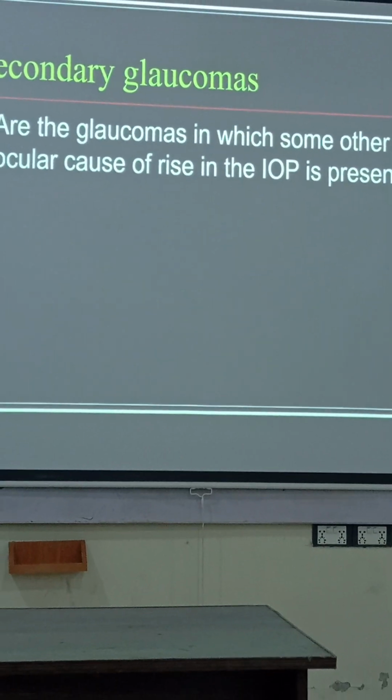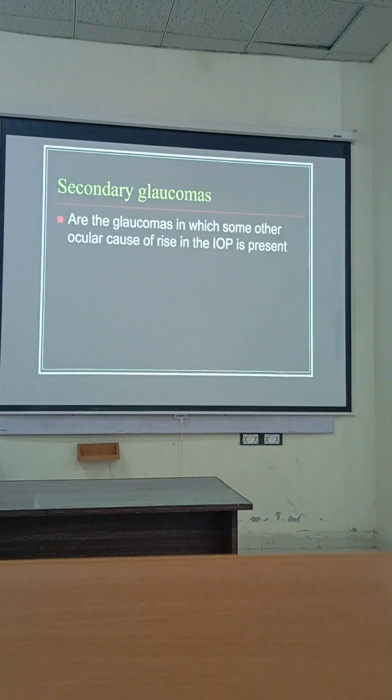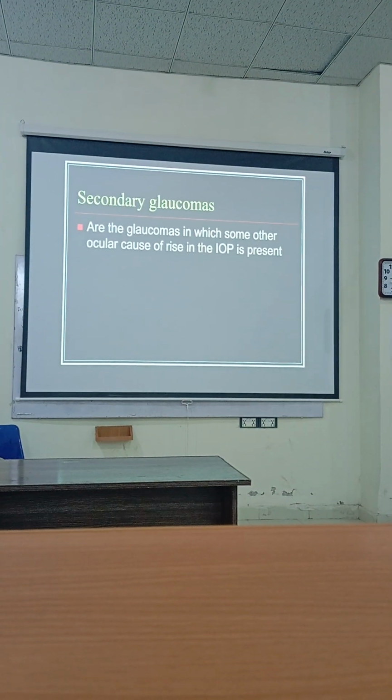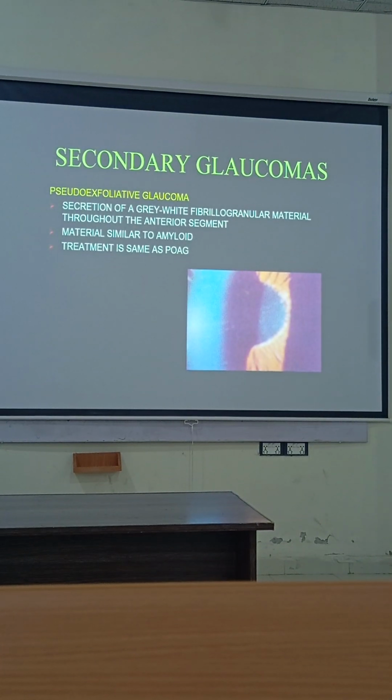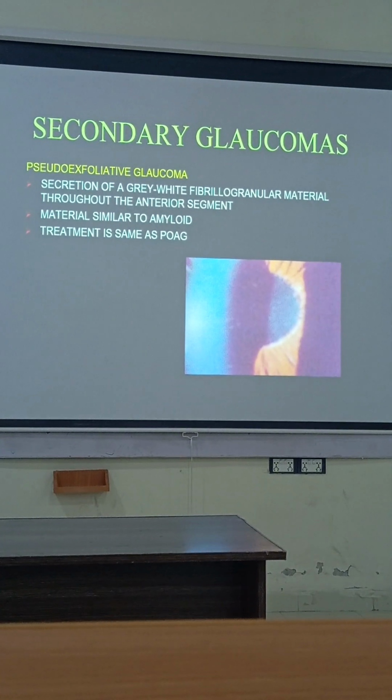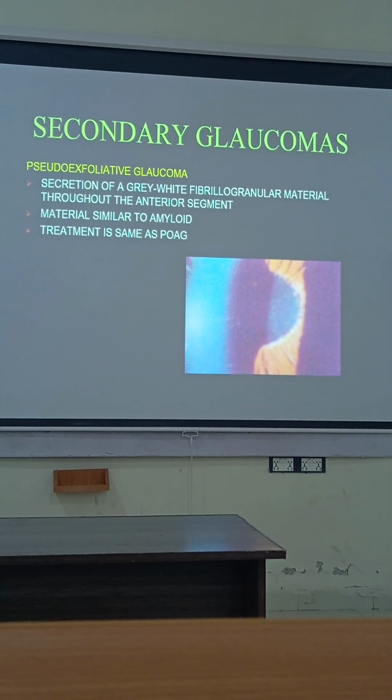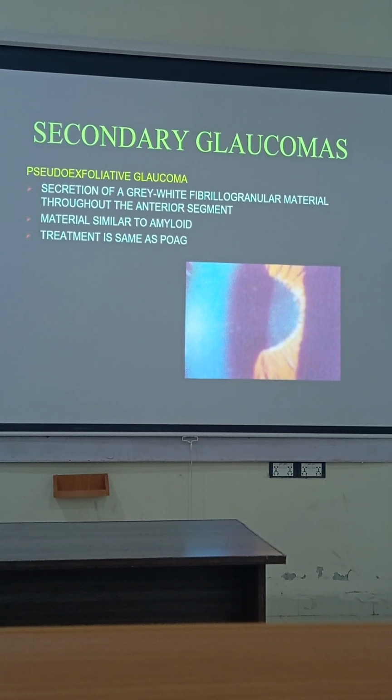Okay? So, secondary glaucomas are the glaucomas in which some other ocular cause of the rise in the intraocular pressure is present. There are many types of secondary glaucomas. I have chosen the most important.